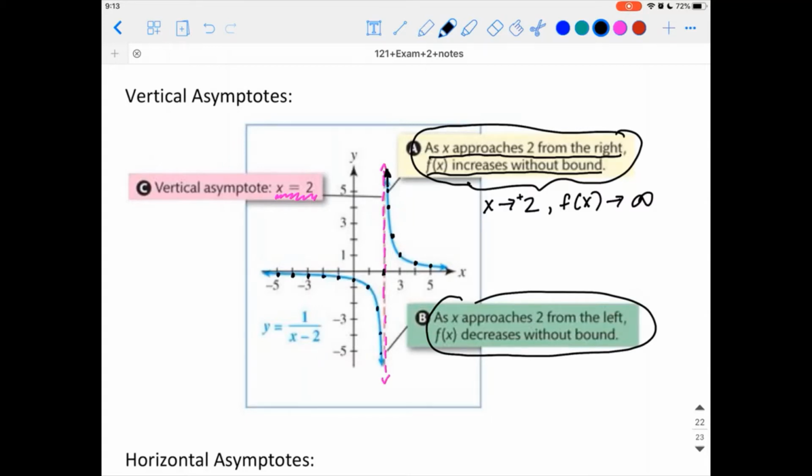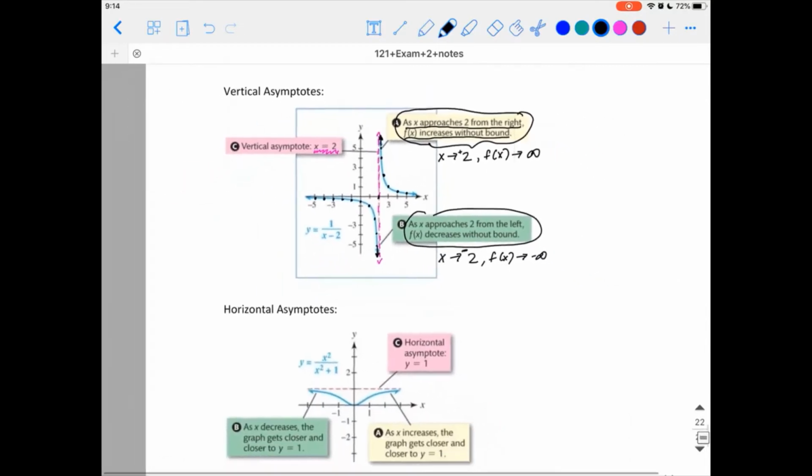And I'm going to try to get to 2, but I can't because of that vertical asymptote. But my y values are going to be headed towards negative infinity. So as x approaches 2 from the left hand side, that's how we write a little negative, f of x decreases without bound, means that it's headed towards negative infinity.